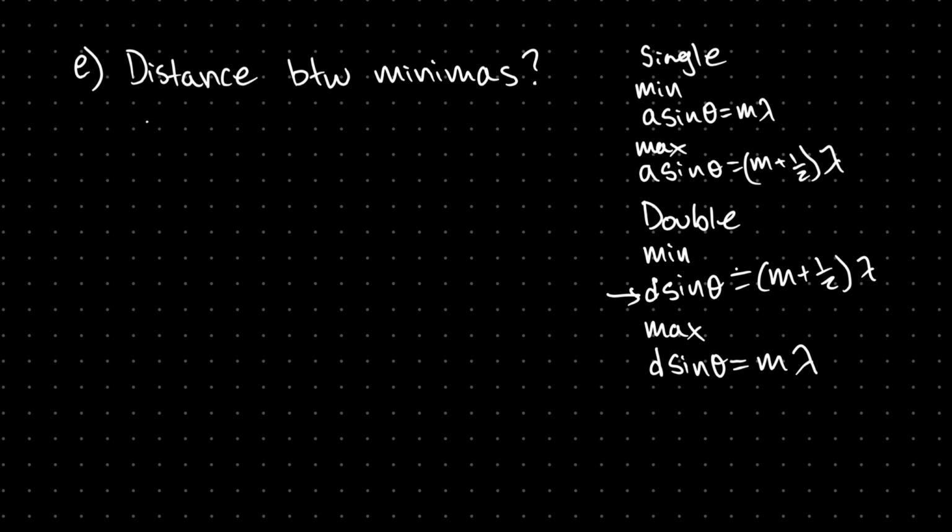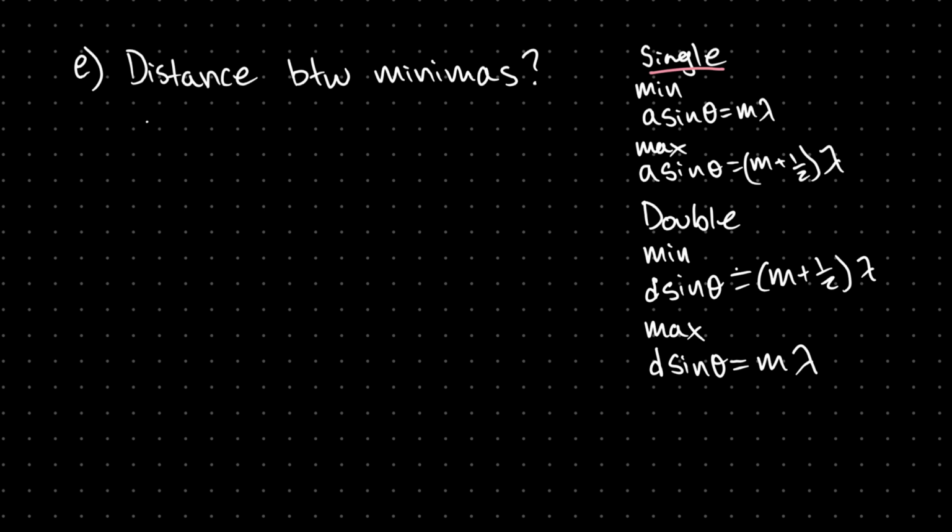Alright, so now since we know that the distance between minimums and maximums are the same, it's going to be asking us the distance between 2 consecutive minimas, right? How do we do that? Well, we know that for single slit, there's going to be a minimum when a sine theta is equal to m lambda, and a maximum for when a sine theta is equal to m plus 1 half lambda, right?